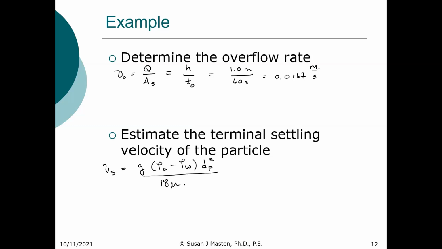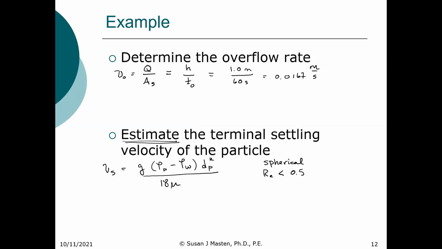So the assumption is that the particle is spherical, and I mentioned that these were spherical particles, and that the Reynolds number is less than 0.5. So we've made that assumption implicit in using this equation, which is why I have said estimate.